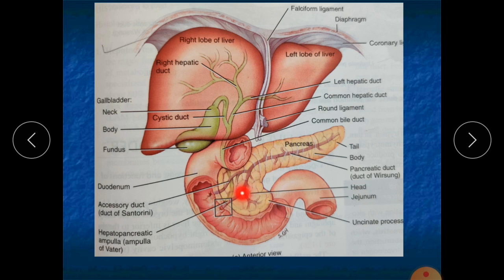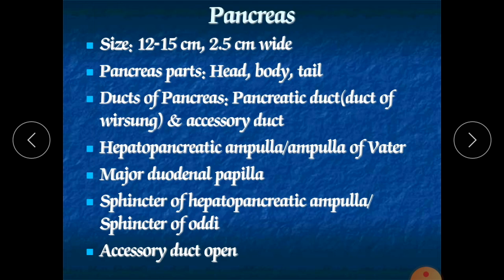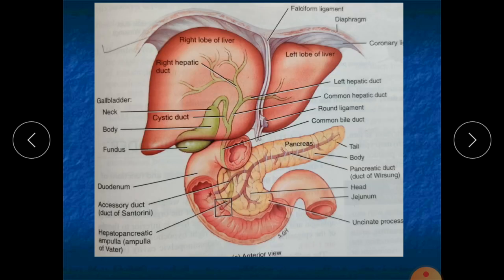And this ampulla is called the hepatopancreatic ampulla or ampulla of Vater, V-A-T-E-R. These words are difficult to recall, but you should be able to recall all of them. As far as pH is concerned, it is basic in nature, because whatever comes from the stomach is acidic in nature.